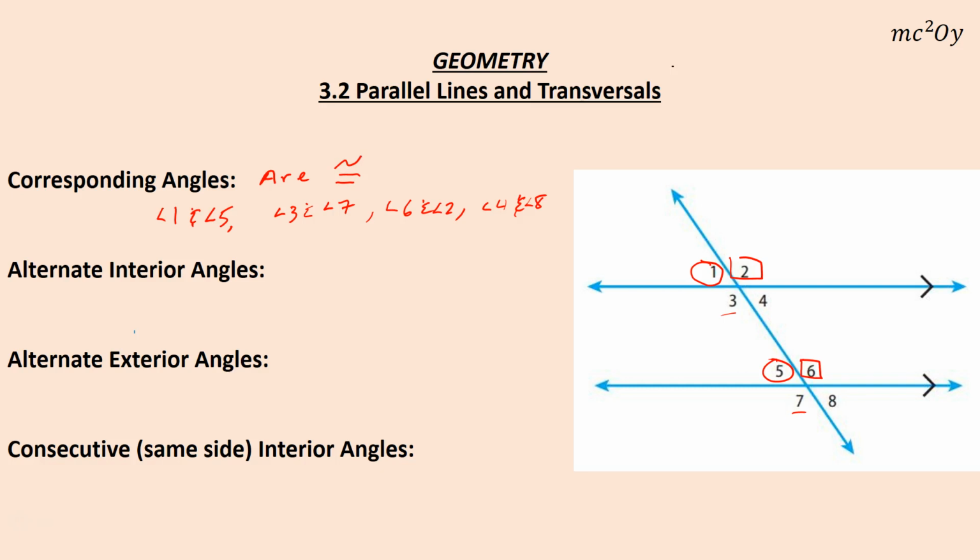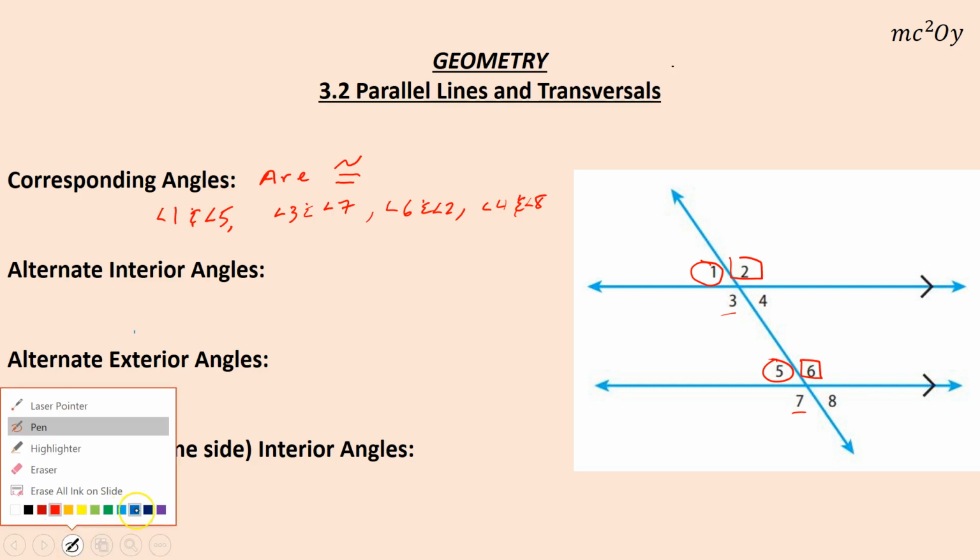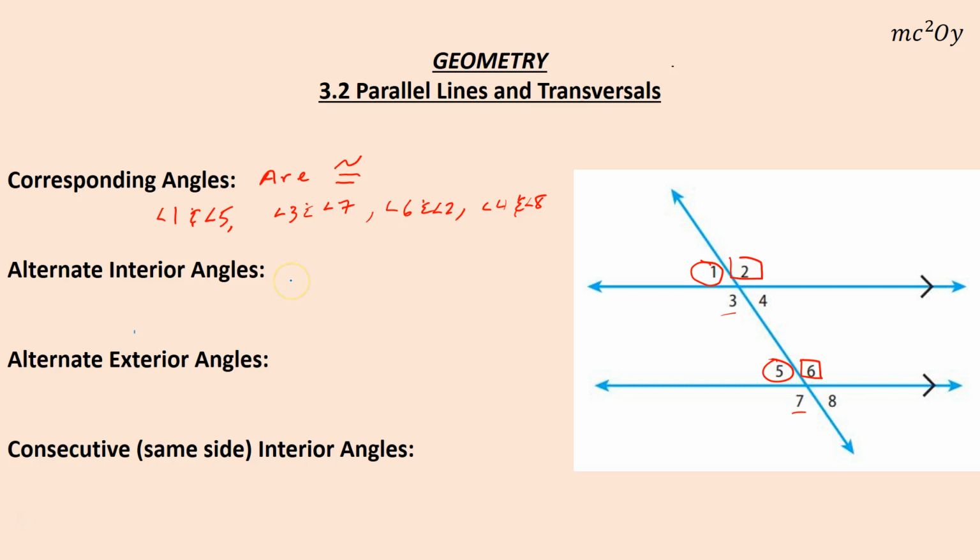Alternate interior angles, when you have parallel lines and that transversal. For instance, let's go with 3 and 6. Remember, alternate means alternating sides of the transversal, and interior means in between the parallel lines.